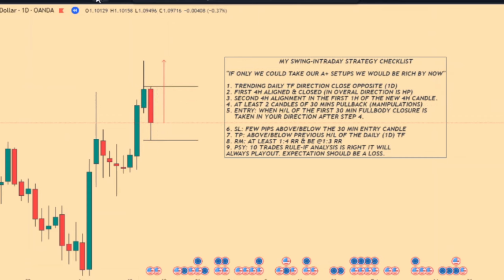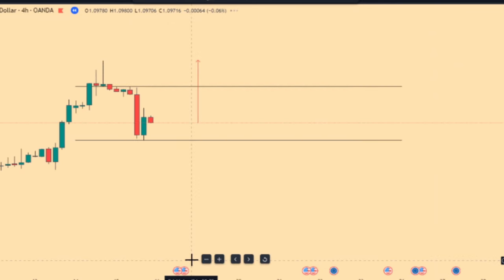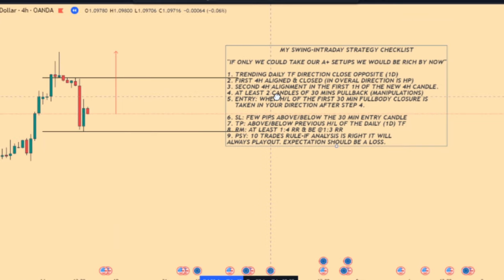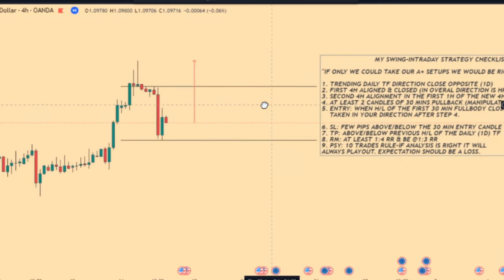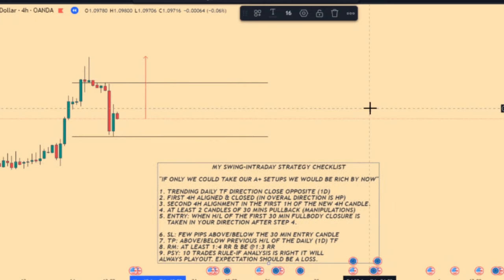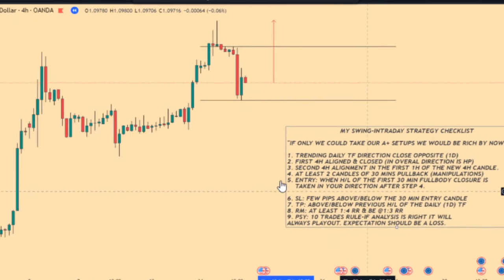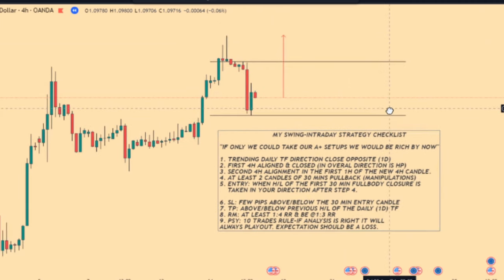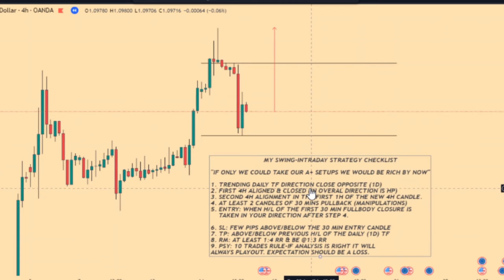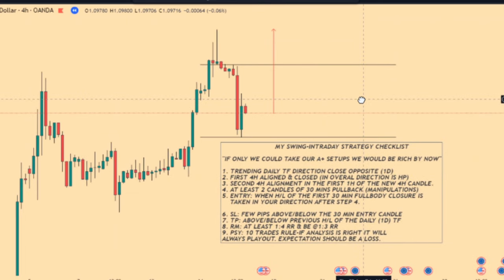So if you go to 4 hours, now that is where those concepts that Riti is teaching you come to play. Those other concepts of SMC that I decided to summarize here. So if you go to 4 hours and you want to trade like Riti, just know that you can simplify it by just looking at daily and waiting for it to close in the opposite direction.